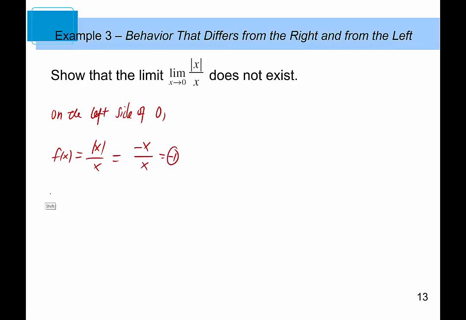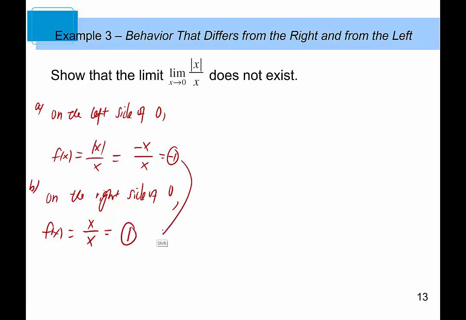On the right-hand side of 0, x is positive, so we get rid of the absolute value. You get x over x, which is 1. As you can see, these two numbers are not equal to each other. So algebraically speaking, the limit does not exist.